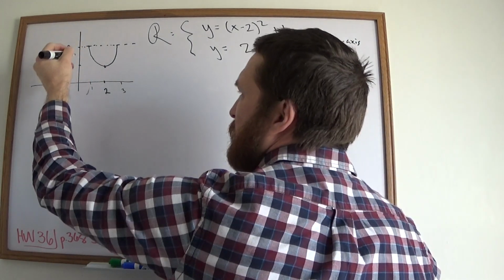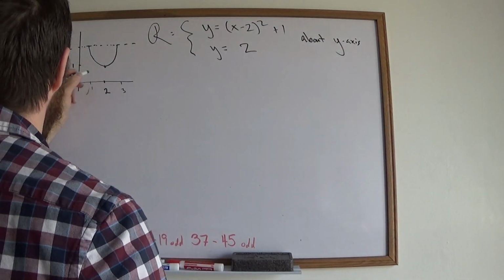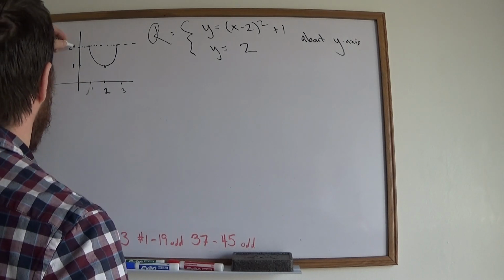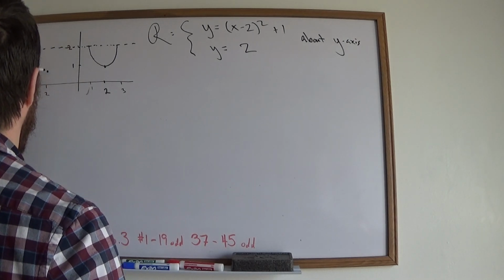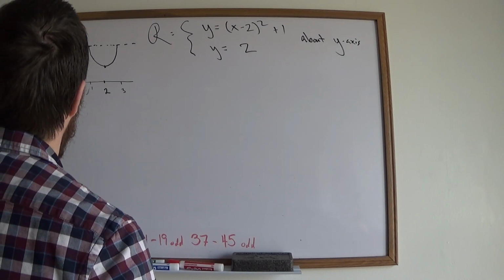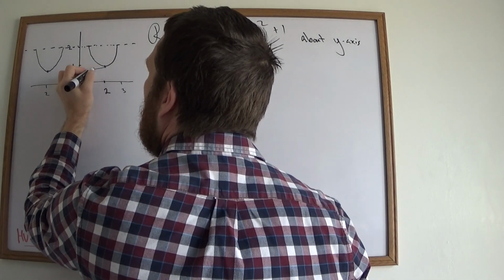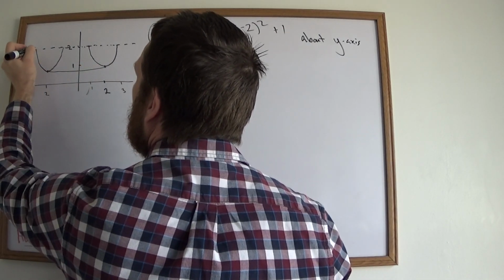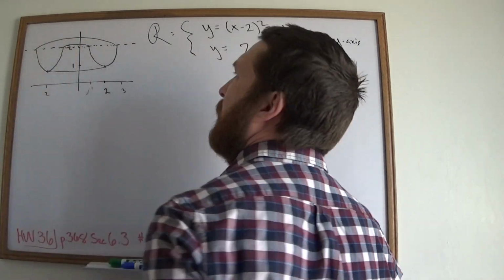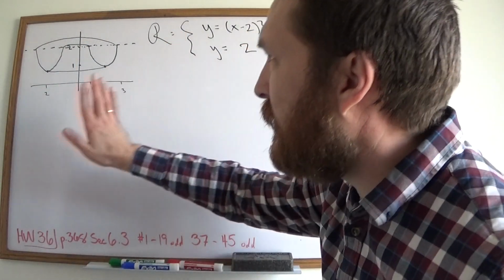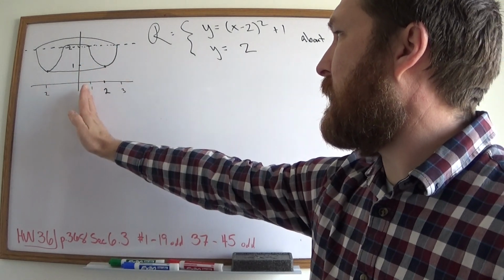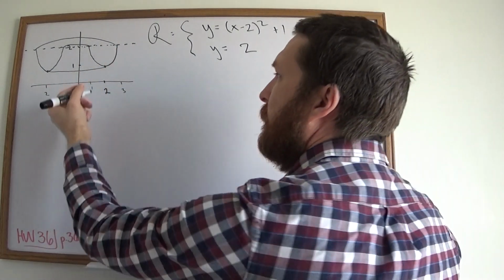We're going to take this region and revolve it this way, like that. It comes down here, back like that, and forward, right? Now I could take from here to here and chop that up.